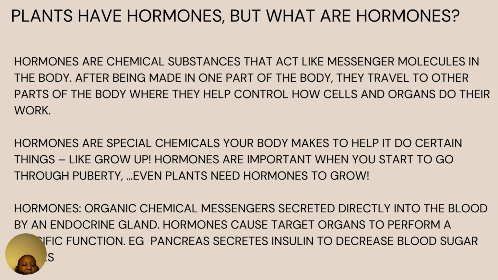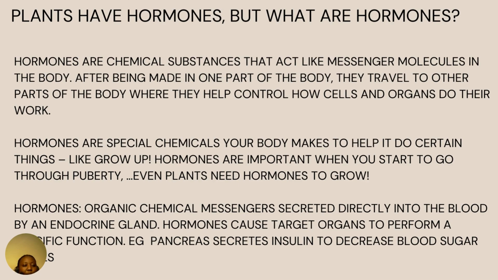You can also define hormones as organic chemical messengers secreted directly into the blood by an endocrine gland. Hormones cause target organs to perform a specific function. For example, the pancreas secretes insulin to decrease blood sugar levels.